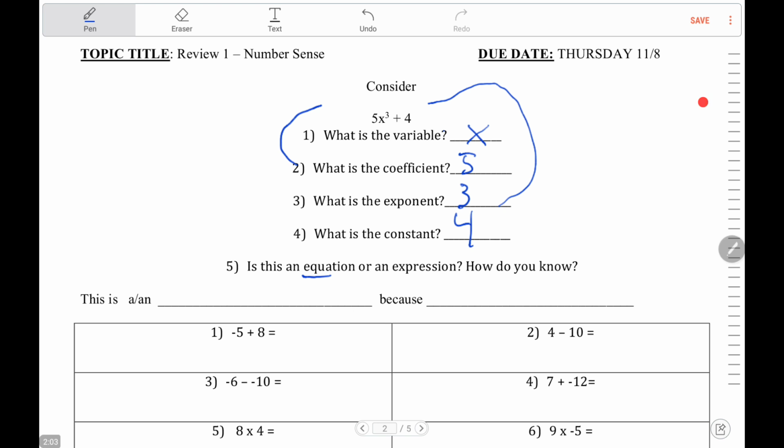So I know because there's no equal sign that this is an expression, because there is no equals sign.